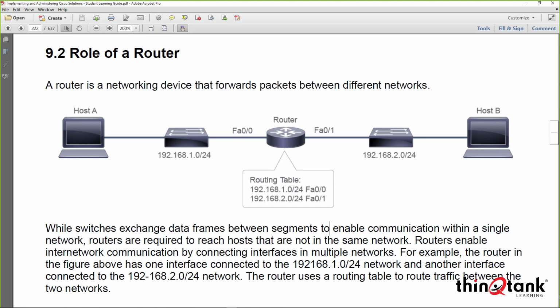Once I've determined that there is a destination, what is the ultimate goal of the router as far as routing that data? Where am I sending that data to? There's a specific term that we use to describe that. It is called the next hop. We're sending the information to the next hop.